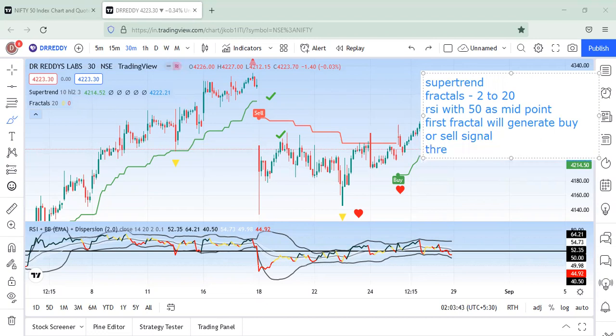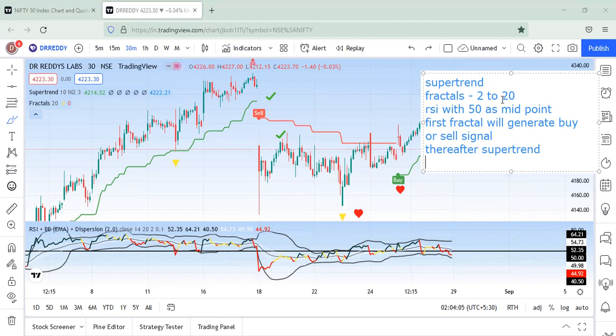Thereafter, Supertrend. And while using Supertrend, you must observe whether the Supertrend line at the buy signal or sell signal is going flat or not.